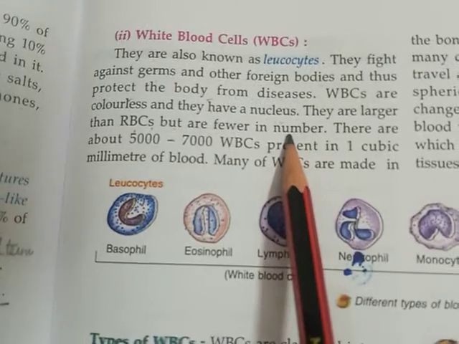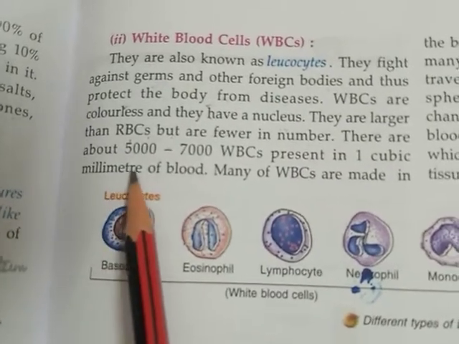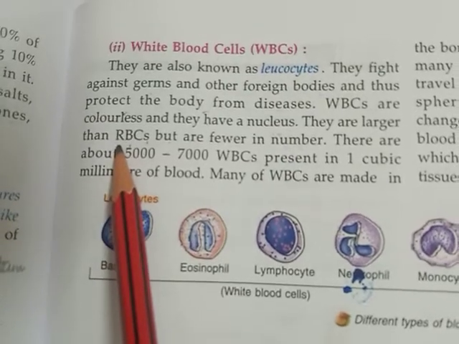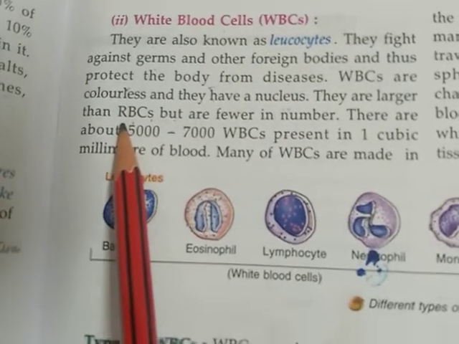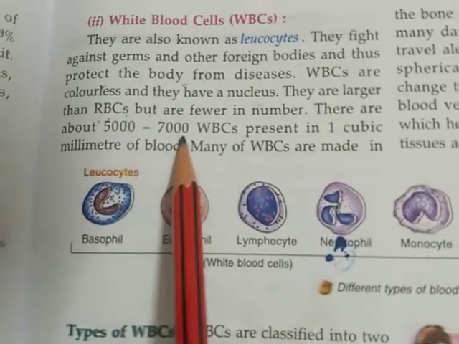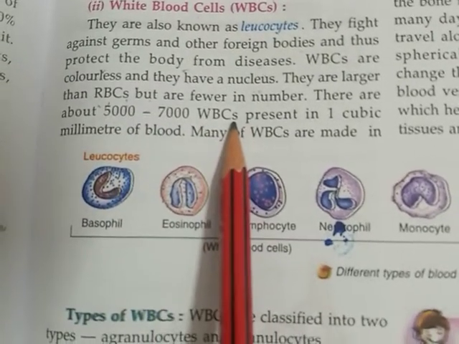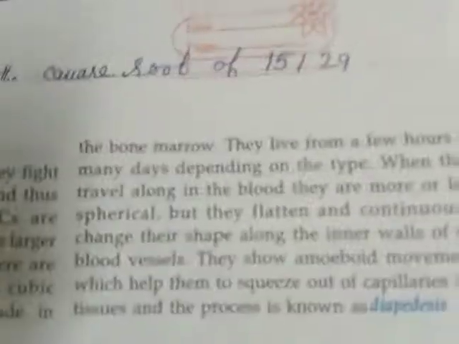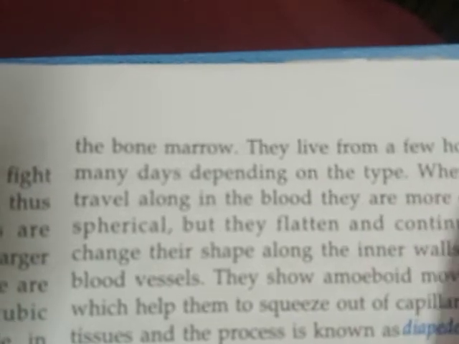So in 1 cubic millimeter of blood, there are about 5 million RBCs and 5,000 to 7,000 WBCs present. Many of the WBCs are made in the bone marrow. They live from a few hours to many days depending on the type.